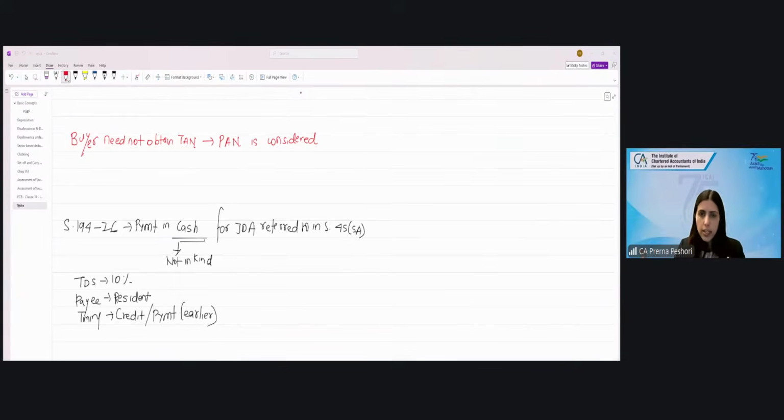So the landowner is not selling the land. He's not transferring the ownership. He's just giving the possession to the builder to develop a property on that land. So the landowner still remains the owner of it. But transferring the possession is also considered as transfer under 2(47). So there will be capital gain under 45(5A). So when the cash consideration is paid by the builder to the landowner, on that cash consideration, there's a TDS at the rate of 10%.